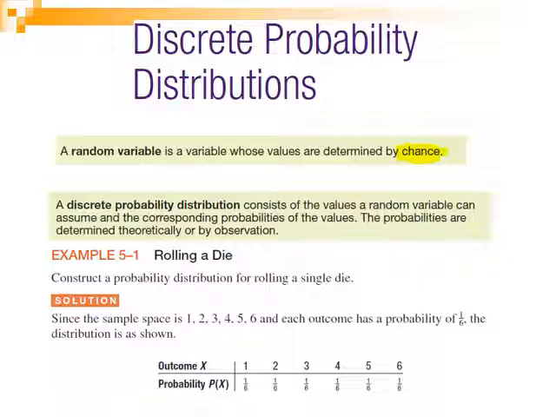So what is the difference between the random variable and the probability distribution?